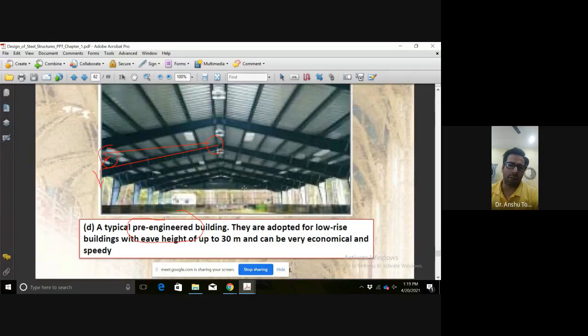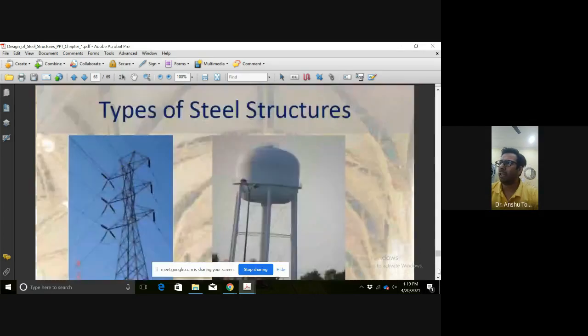Similarly in steel, we bring the members to the site and, using bolting, we assemble them at the site. So it becomes very easy to construct these types of yards or assembly halls in steel structures.